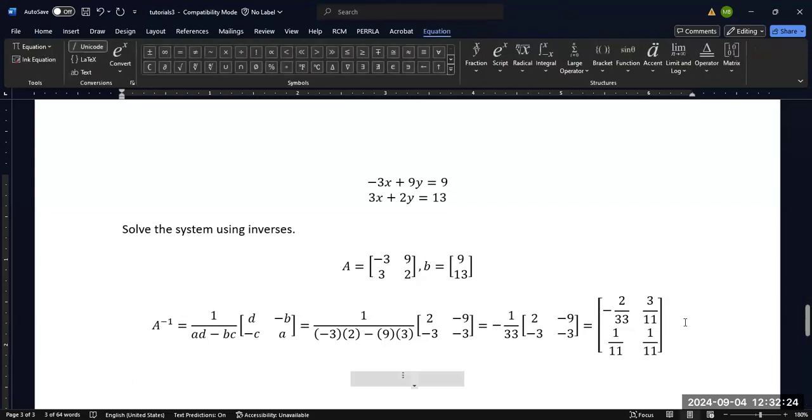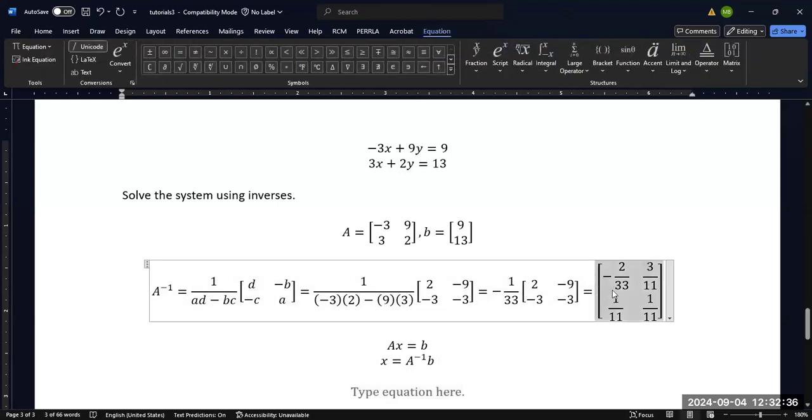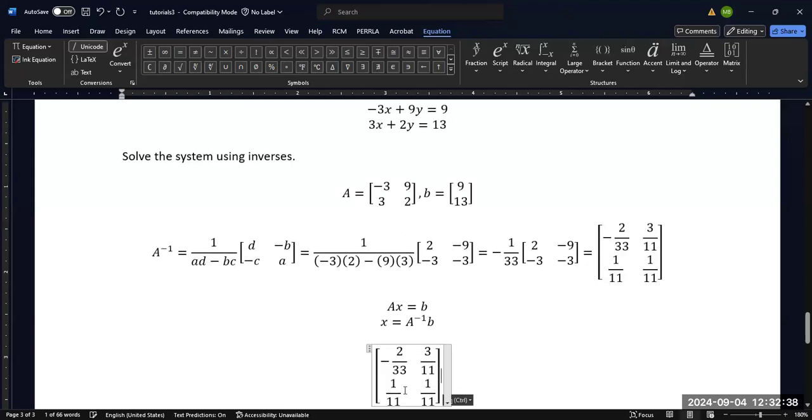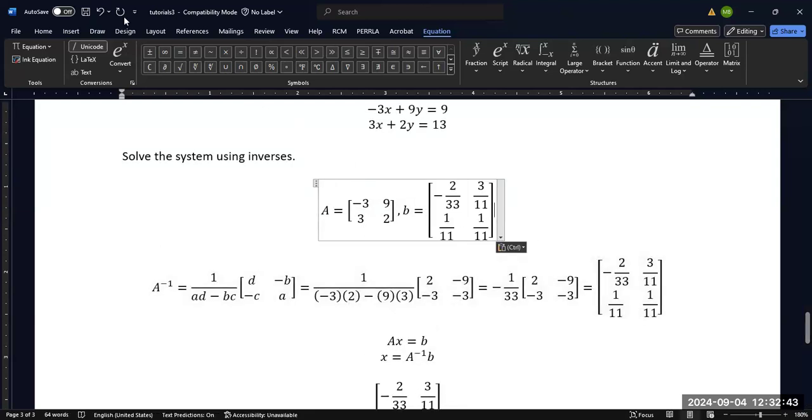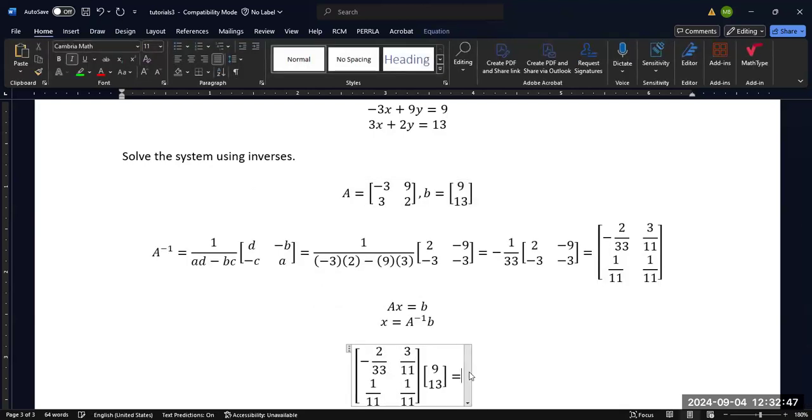Now, recall that if we have the matrix equation AX equals B, that X is going to be equal to A inverse times B. And so that's what we're going to do now. We're going to take our inverse that we found, and we're going to multiply it by our B vector.